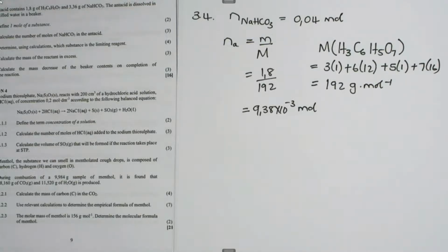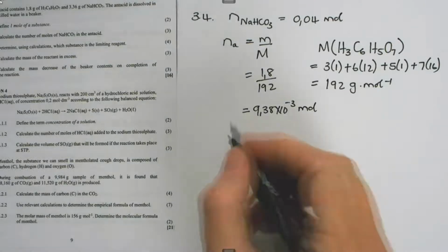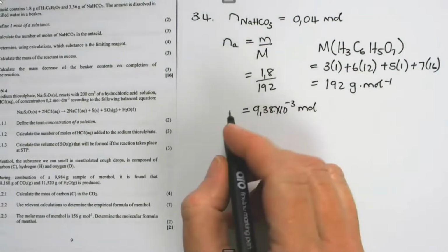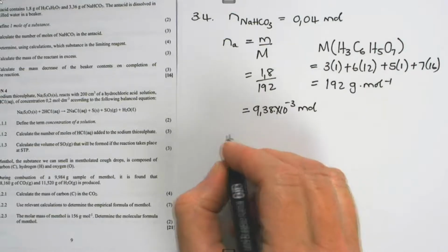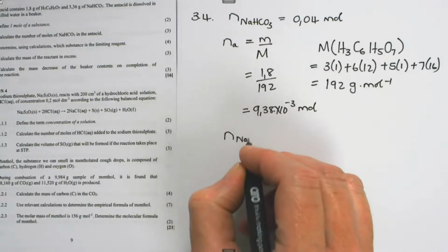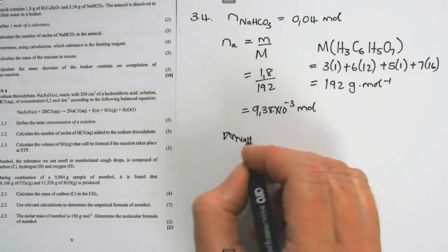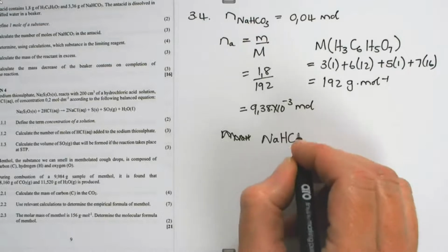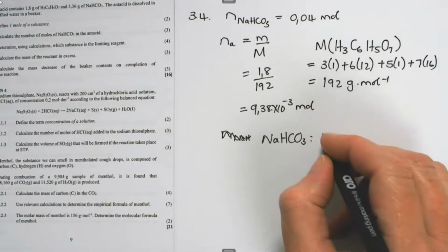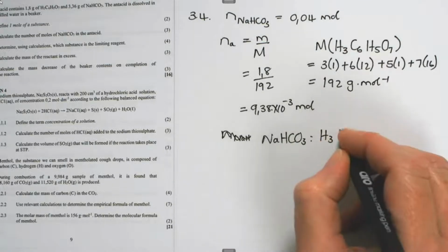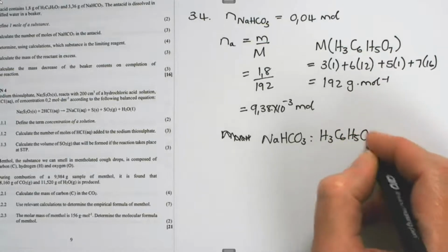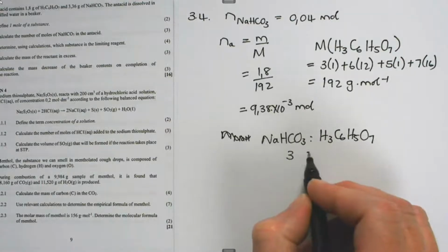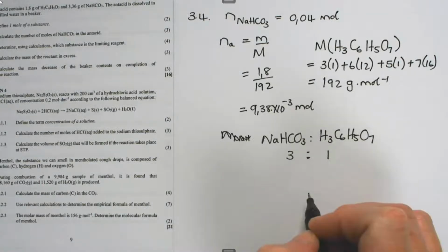Okay, so now let's see. Now I must do a mole ratio because I've worked out the mole of both. So let's do a mole ratio. I'm going to say the mole of NaHCO3 to the acid, which is H3C6H5O7. The mole ratio is: in front of this one there's a 3, and in front of this one there's a 1.